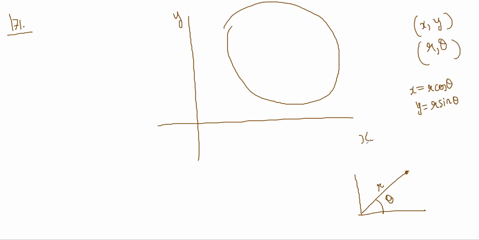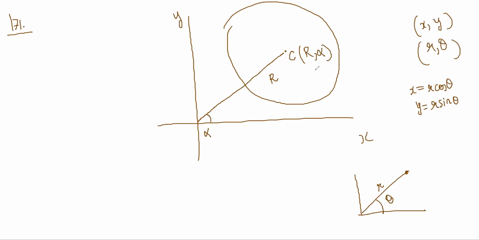Now we'll try to write the equation of our circle using this. Let's say C is the center. The data that is given is that C is at a distance of capital R, so C is at a point capital R. The angle that C makes with the x-axis is called alpha, so C's coordinates in our new form are R comma alpha.